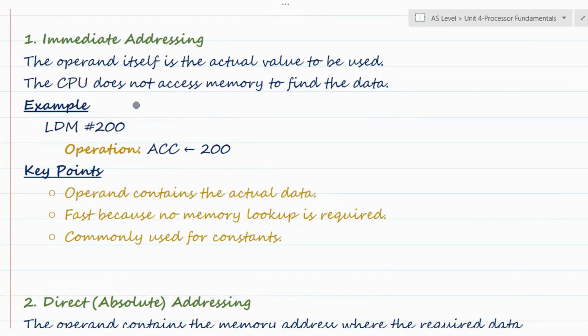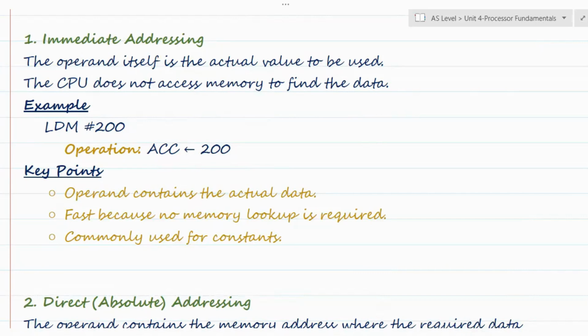For example, in this instruction, LDM #200, the symbol # tells the processor that 200 is the actual value, not a memory address. So the operation performed will be accumulator will directly get 200. So 200 will be saved in accumulator.